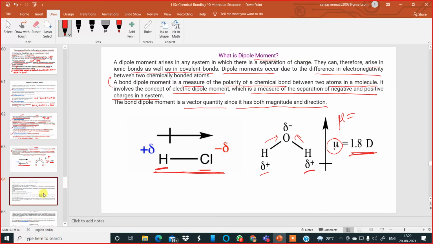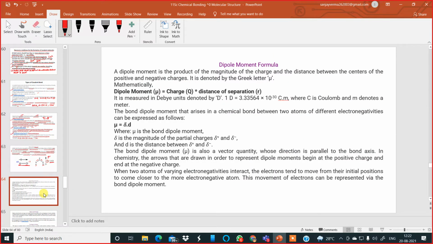Then moving further to the next slide with regard to the formula. The symbol of dipole moment you already know, it's mu. Looking at the formula, dipole moment is obtained by multiplying the charge with the distance of separation between the charges. So it is the product of the magnitude of the charge and the distance between the centers of the positive and the negative charge.